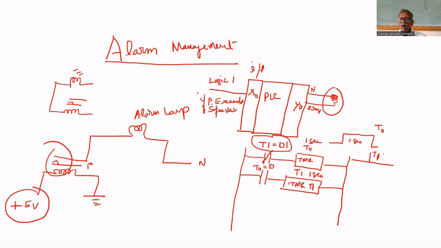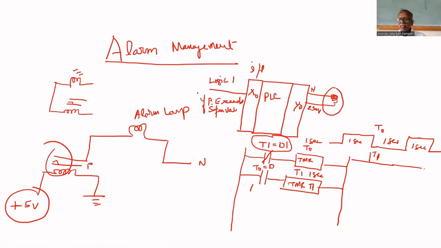That's why after 1 second, this will turn on again, because it is an on-delay timer. After 1 second, this becomes 1. Again, T1 will become 1 after 1 second. Till then, this T0 will be 1. Therefore, T0 will be a square wave of 1 second duration.